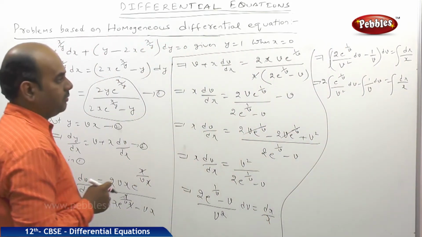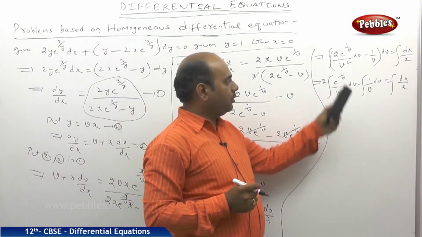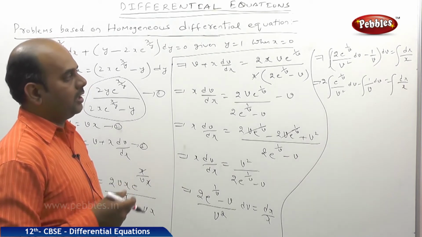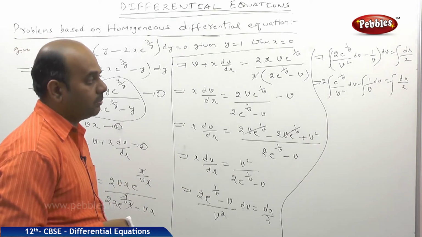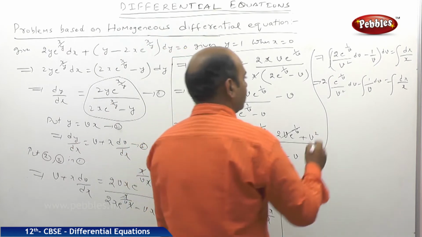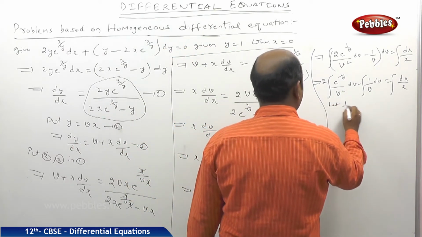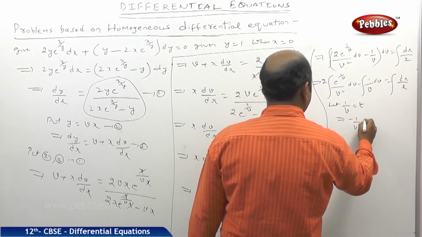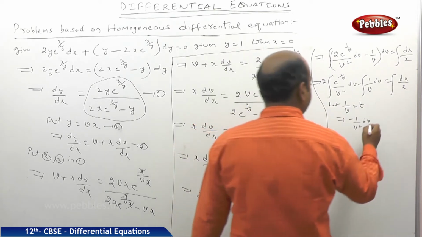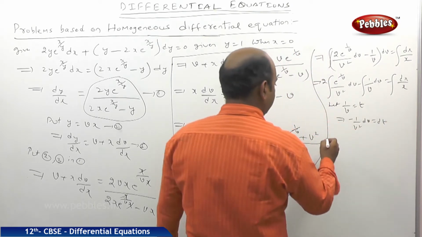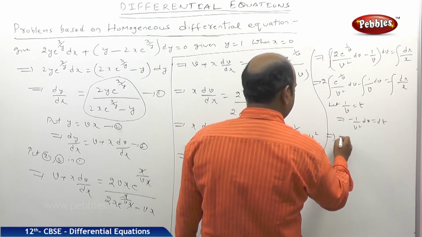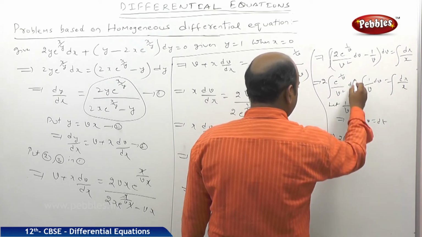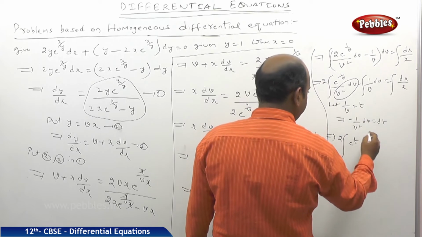Now if you could observe carefully, if I put 1 by v as t, then what happens, derivative of 1 by v will be minus 1 by v square dv. So here what I will be doing, for my convenience, put 1 by v is equal to t, so minus 1 by v square dv is equal to dt. So the problem turns down as 2 into, so this becomes e power t, and dv by v square becomes minus dt.